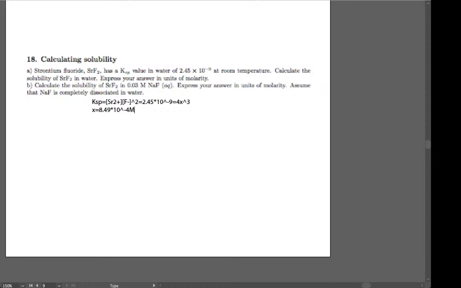Basically, the Ksp would still be the same, because from my assumption. Oh wait, no, sorry. Calculate the solubility. The solubility is the Ksp, right? I think so, because it actually fully dissociates.